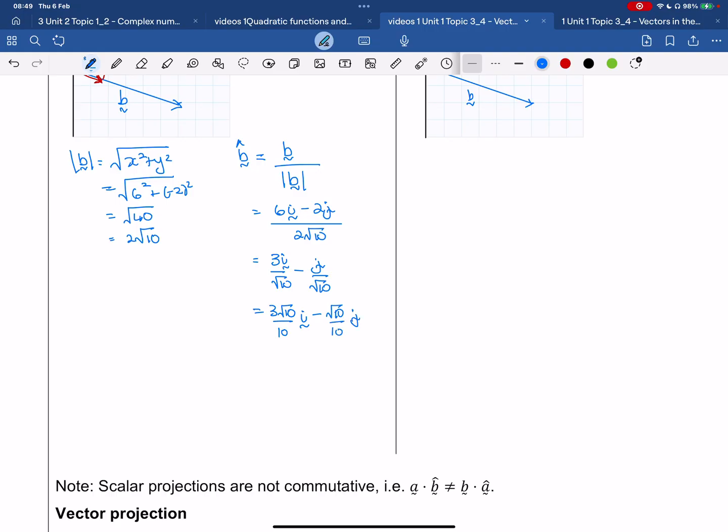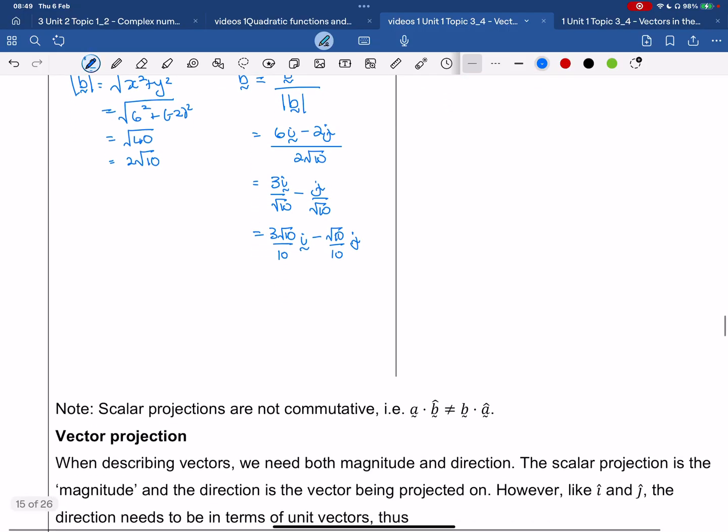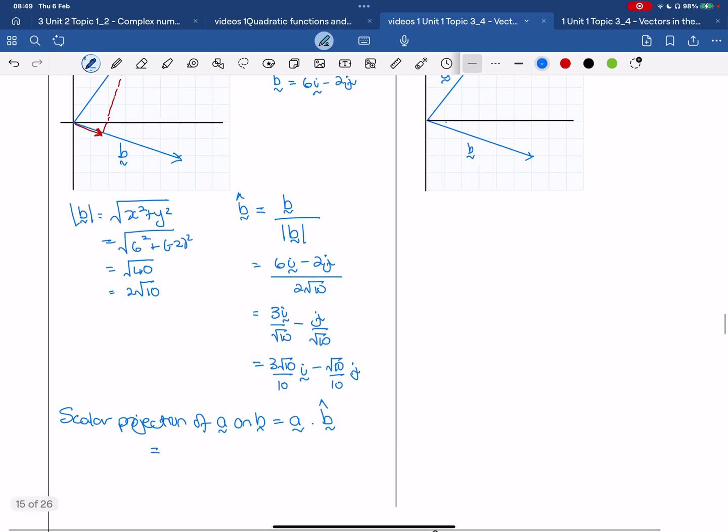Okay, so I've got my magnitude and I've got my unit vector, and I can now find my scalar projection of A on B. The scalar projection of A on B is going to be A dotted with my unit vector B. And remember, to find a dot product, x1 x2 plus y1 y2.